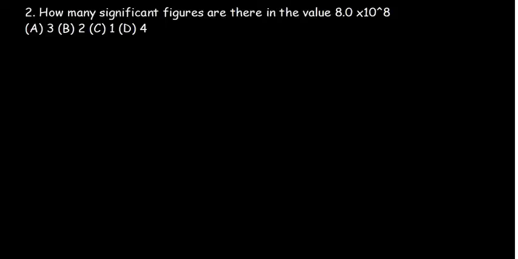How many significant figures are there in the value 8.0 times 10 to the power 8? So whenever you have a number given in the standard notation, don't focus on the power. So you look at this number 8.0. How many significant figures are there?